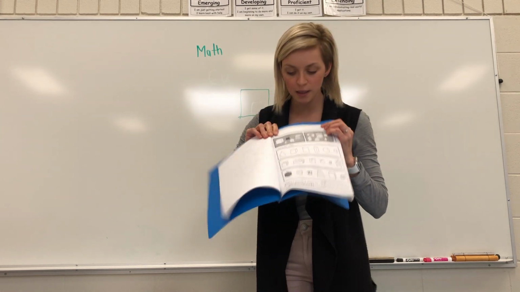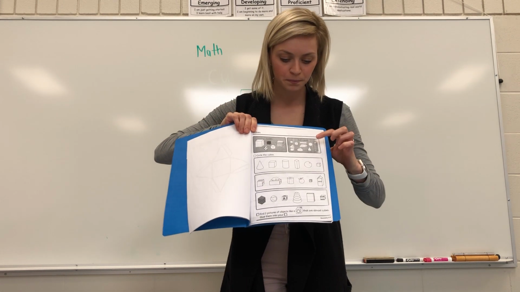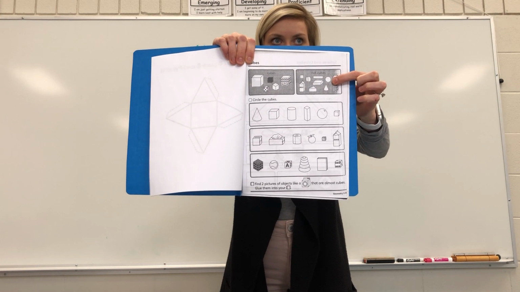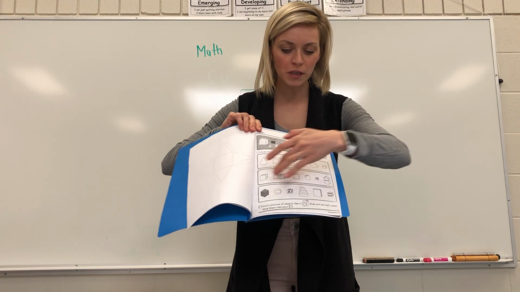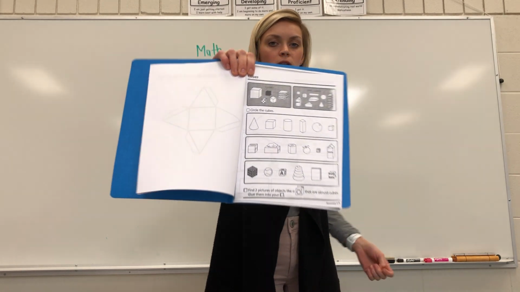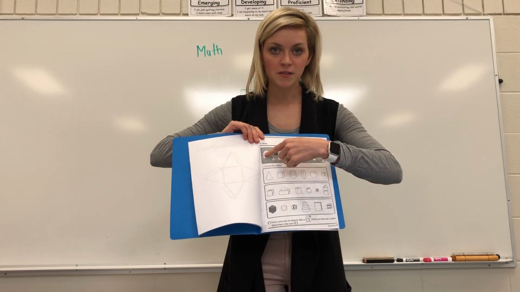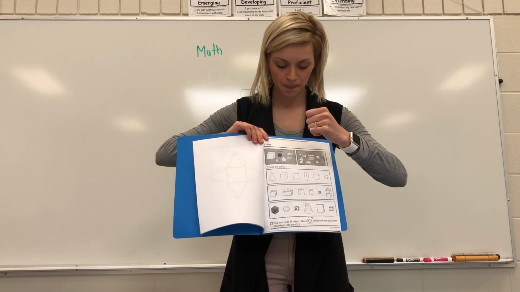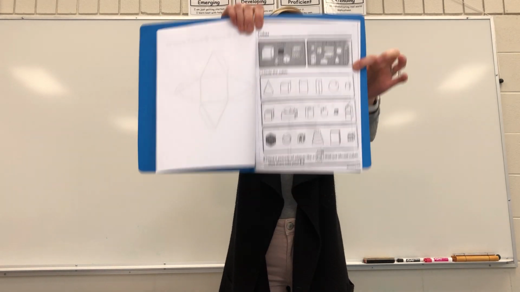The top part here is just showing you that these ones are cubes and these ones are not. And then down below, you need to circle in each row which ones are cubes. Just a reminder, a cube is something that is made up of squares. So it has 4 sides and 4 corners.